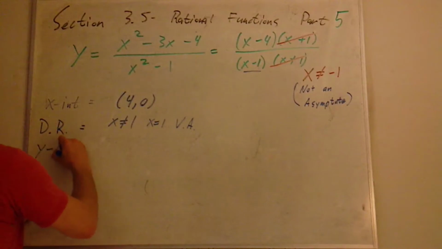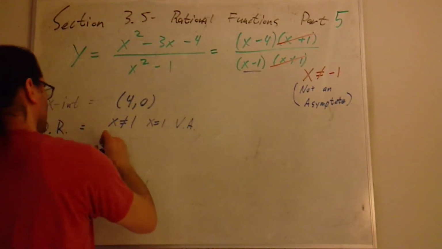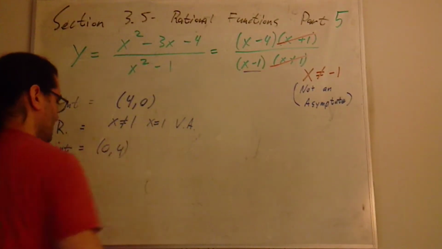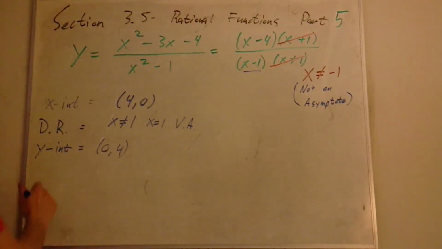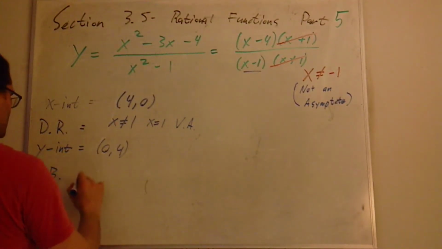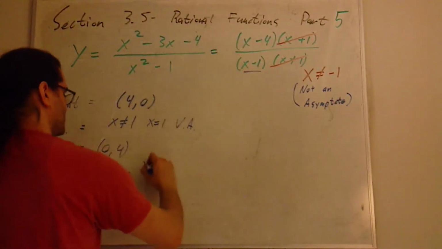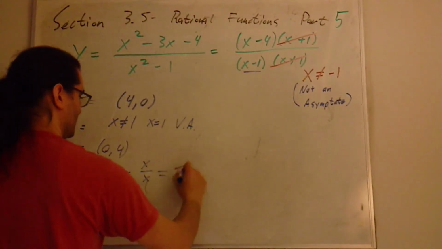The y-intercept should be negative 4 over negative 1, which is positive 4. So 0, 4. And the end behavior should be y looks like x over x, which is 1.